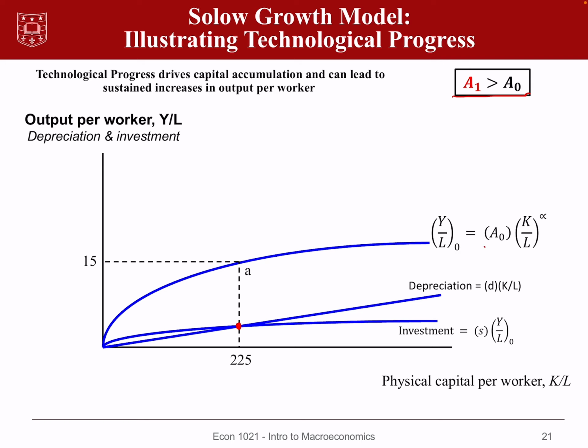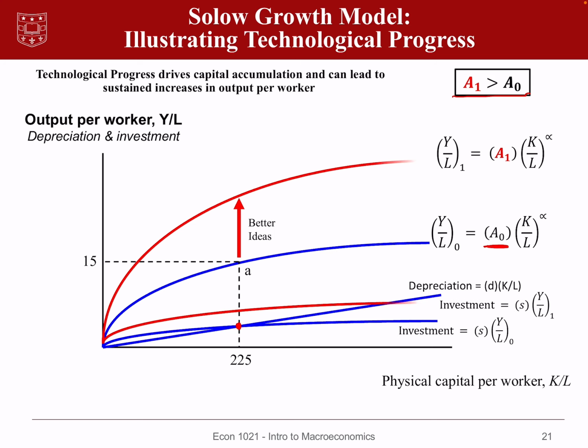And sitting out here in front is this A parameter that is representing technological progress. So what happens? Well, if we have better ideas, that shifts up the whole production function.